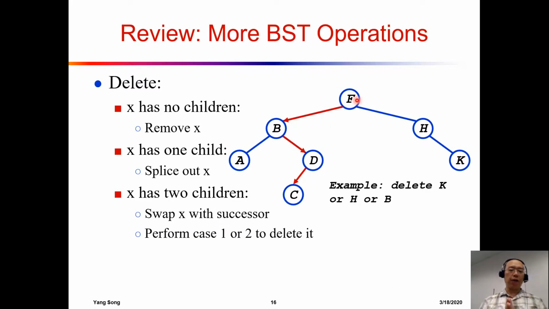So the next thing, the really hard part: if X has two children. If X has two children, we want to swap X with the successor. After we swap X with the successor, X will be at the new location, and then we delete X at the new location. One example is if you want to delete b. So b has both children. How should we delete it? The first thing is that we want to figure out what is b's successor.